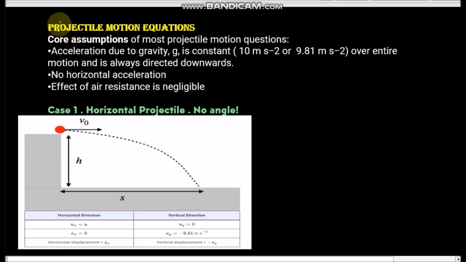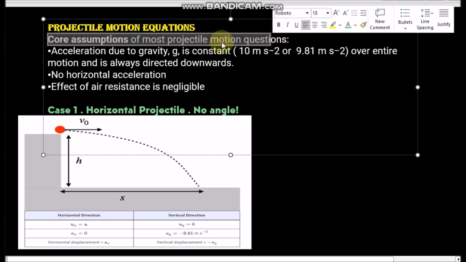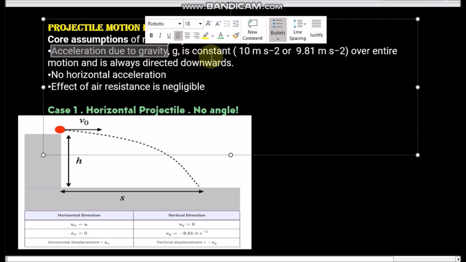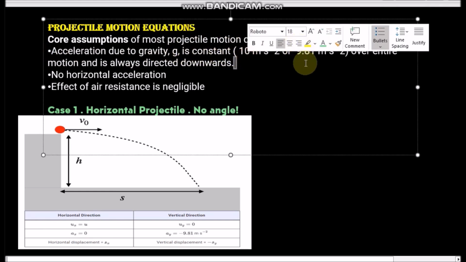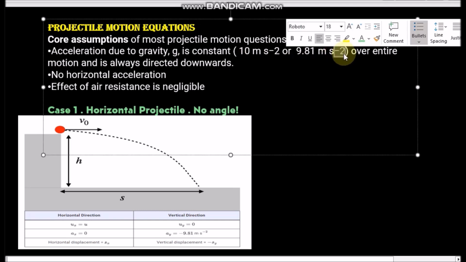But before that, we know the core assumptions of projectile motion equations. One, the acceleration due to gravity is constant. It can be 10 meters per second square, or 9.8 meters per second square. No need to be confused.